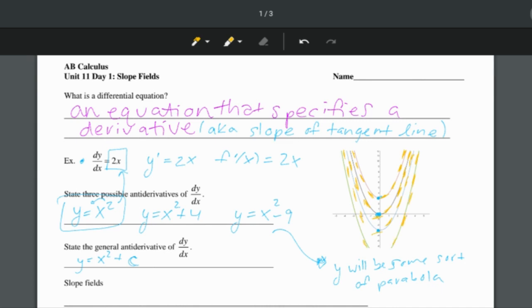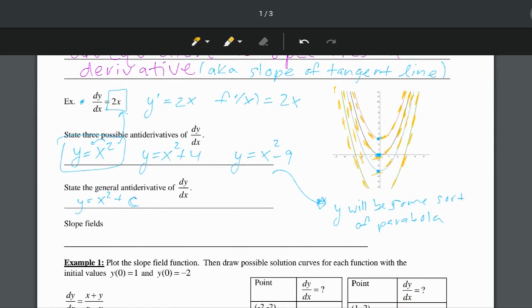And a slope field is made up of those mini tangent lines. It's just a visual diagram of the slope of the original graph at any point. It really just shows that slope. So let's write that down. Basically, all those little marks in orange that I just did create the slope field. If we were to erase the original graph, erase those parabolas, and just have those mini orange lines, that would be our slope field.